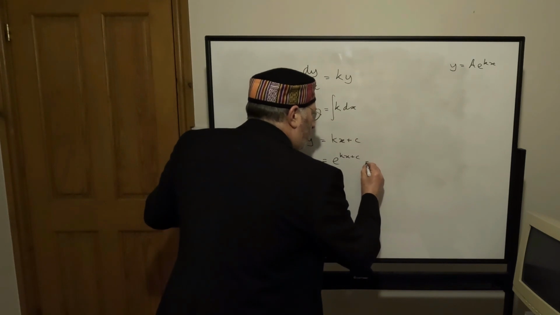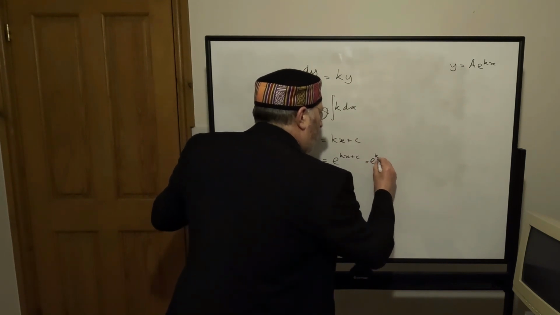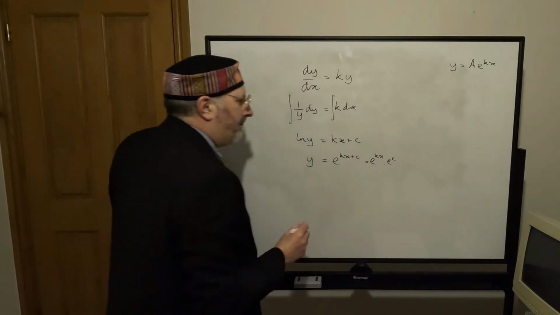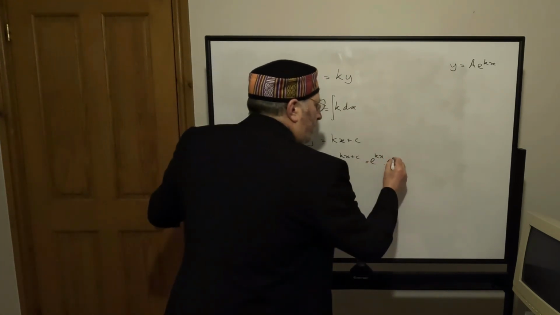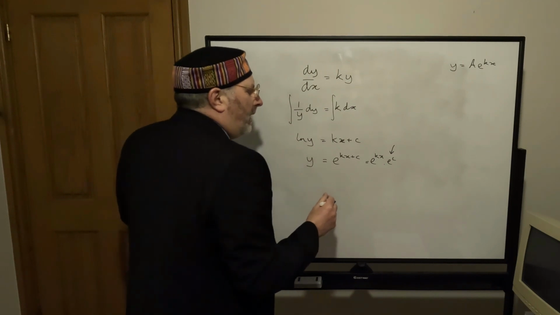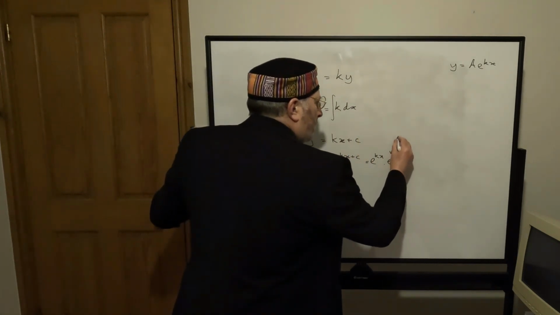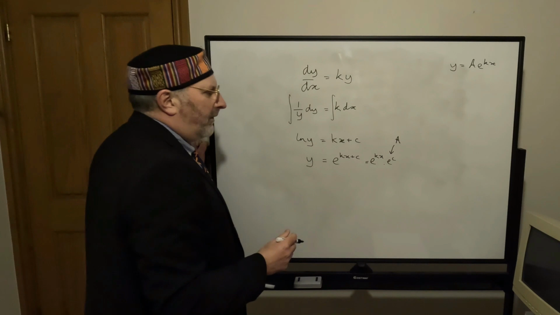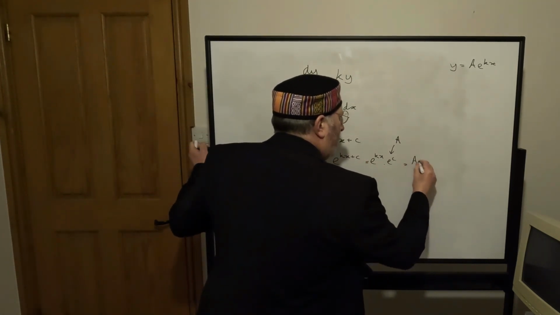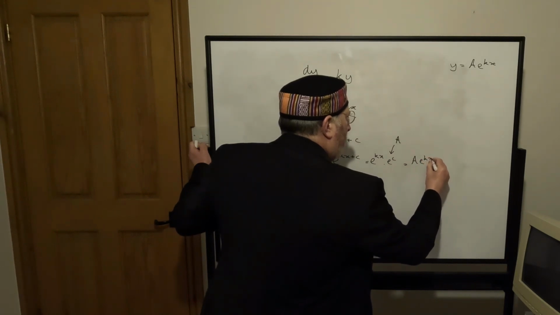And that can be written as e to the kx times e to the c. And c is just a constant. So that can be written as a, another constant. And so that equals a e to the kx.